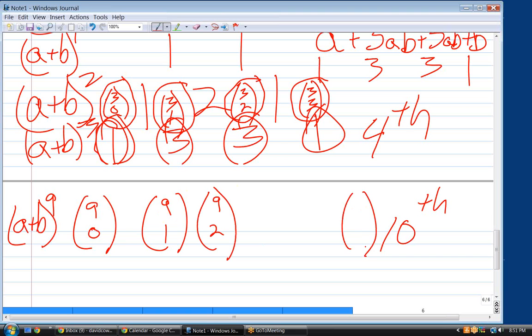And the 10th term is 1 again. Notice that 9 choose 0 is 1, and 9 choose 9 is also 1. So that's how you get the two outside numbers on the 10th row.